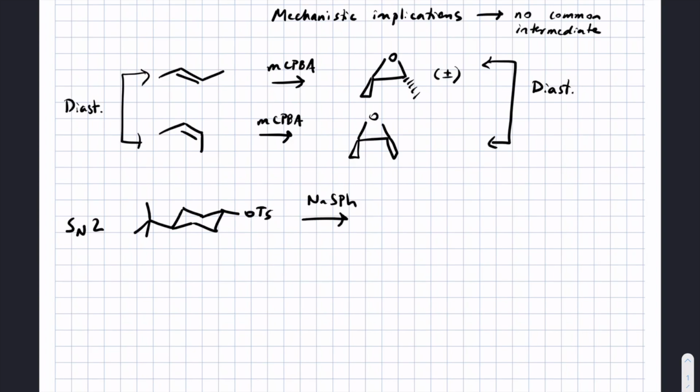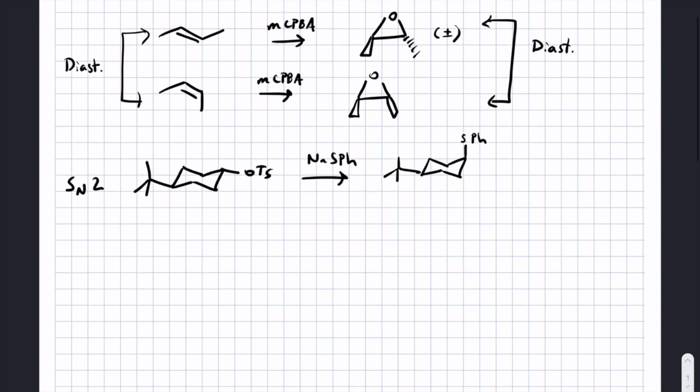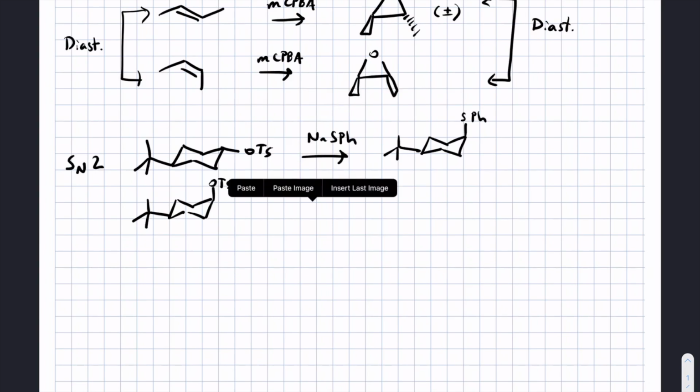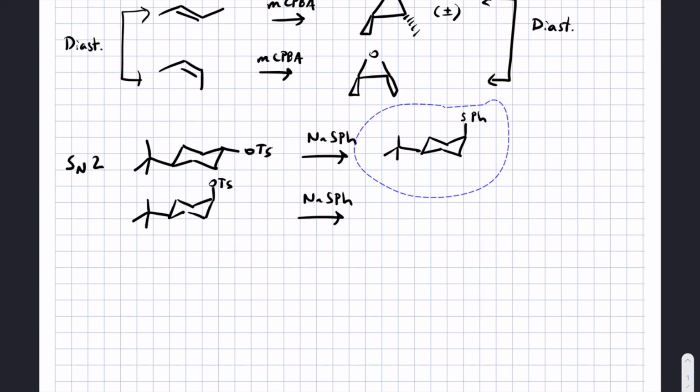Adding thiophenolate to this particular tosylate will give you the axial thioether, whereas if you instead started with the axial tosylate and did the same reaction, you would get the other diastereomer.